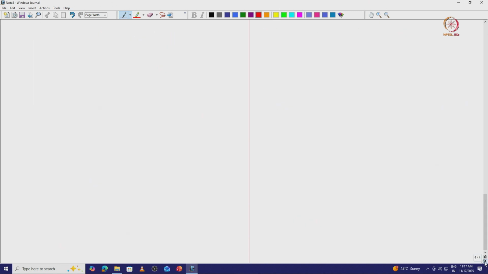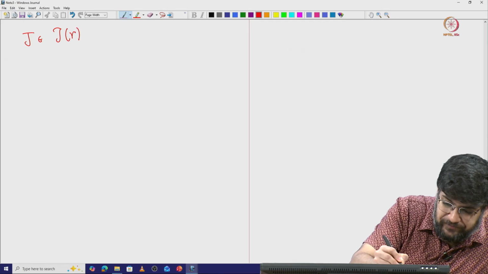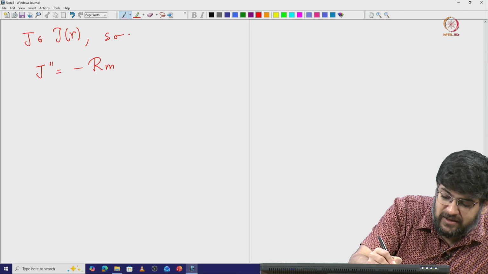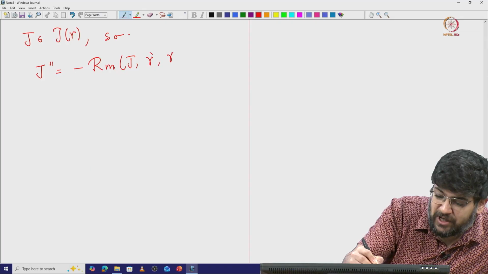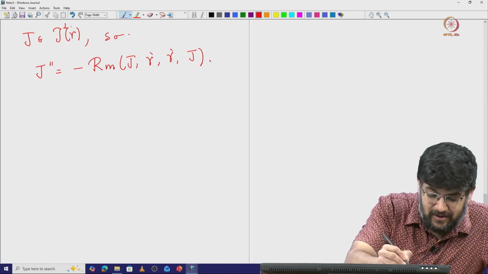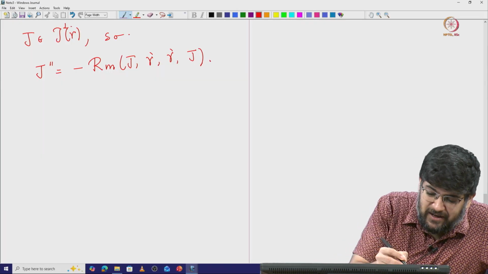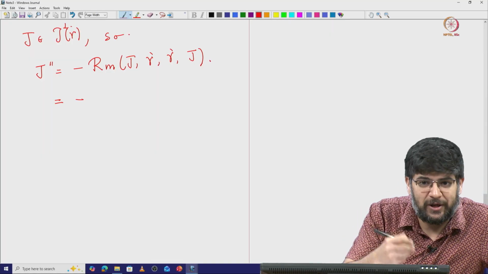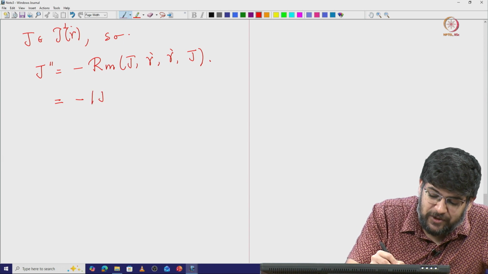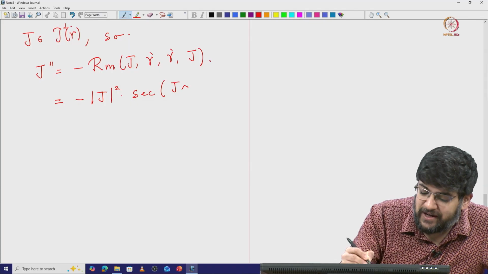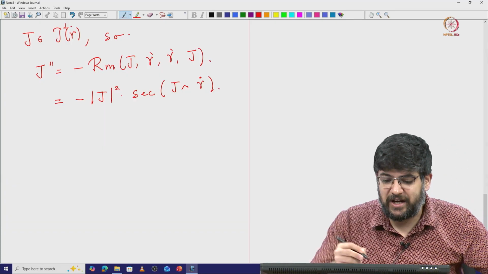Alright, but then J is a Jacobi field. So J double prime is precisely given by minus Rm of J, gamma dot, gamma dot. Okay. But then since J is a normal Jacobi field, by the definition of sectional curvature, so if you go back to the definition of the sectional curvature, this is precisely the norm J squared times the sectional curvature of the plane spanned by J and gamma dot.